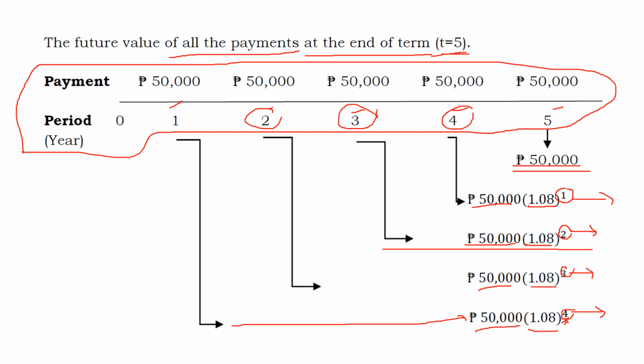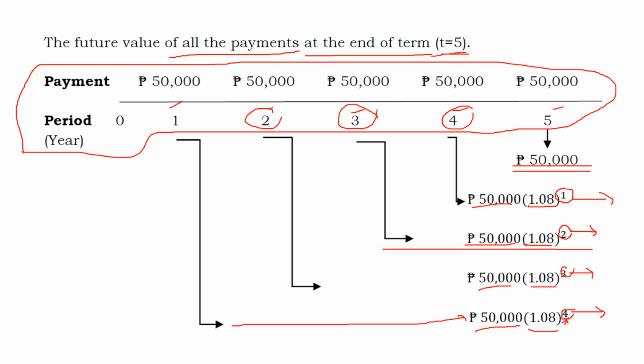Now, for the fifth year of payment here, it is just 50,000. Why is that? There is no 1.08 being multiplied to 50,000 during your fifth year of payment, because 1.08 raised to 5 minus 5 is equal to 1.08 raised to 0. When a number greater than 0 is raised to 0, it is a real number, I mean, a real number greater than 0, so that is equal to 1.